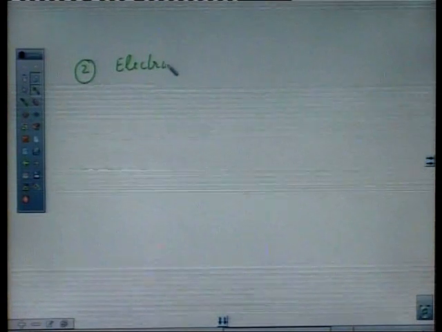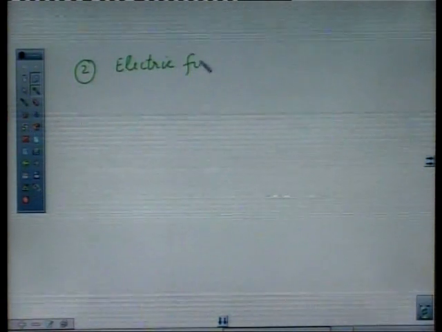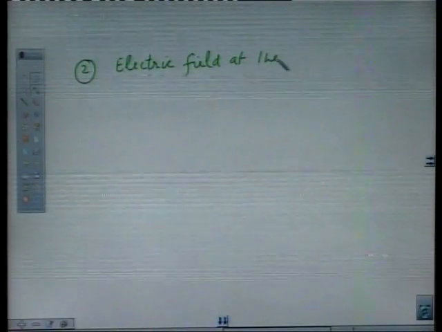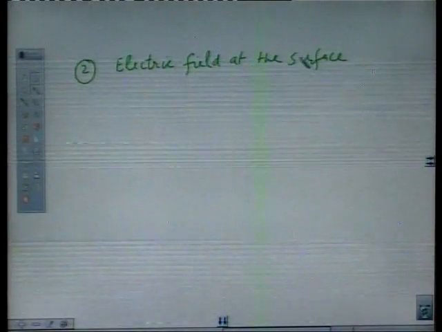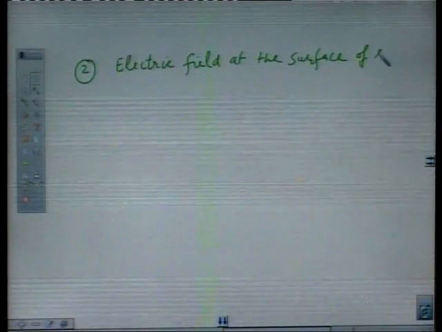Now, we will find the electrical field at the surface of the solid sphere.